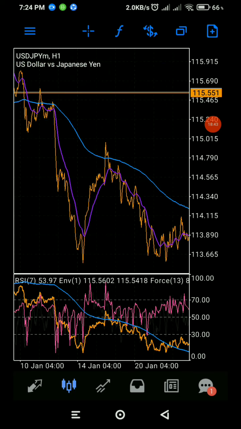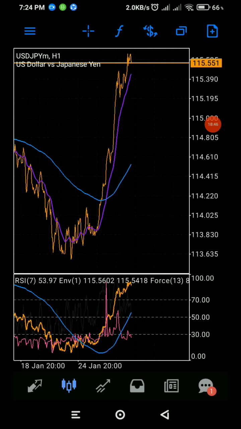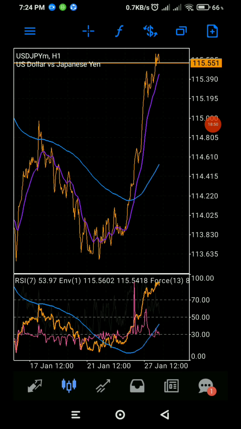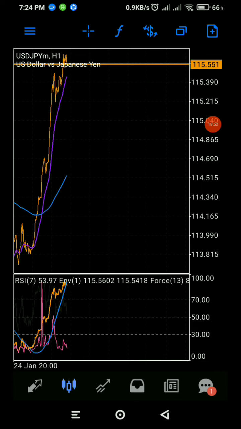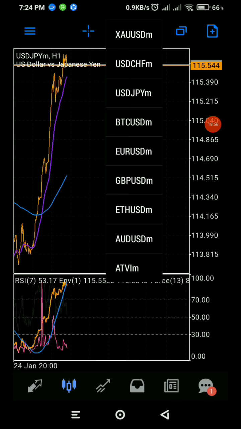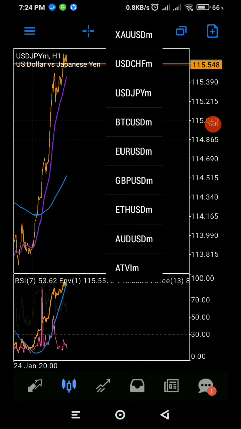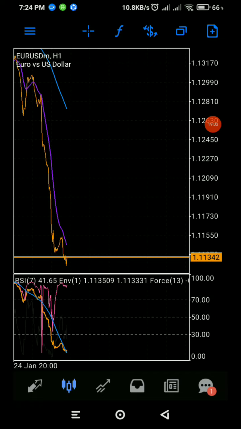And for the USDJPY H1 chart, blue just entered into the 70, twin tail formed on 70, and selling momentum will start, but what I say, violet needs to cross the blue.